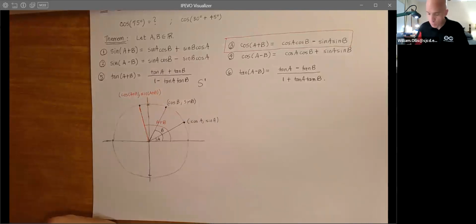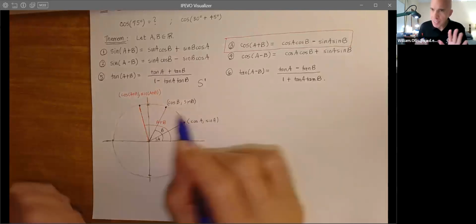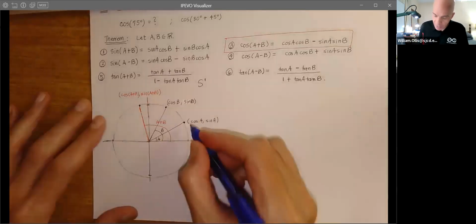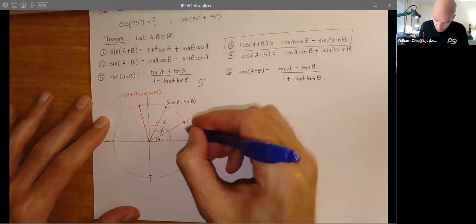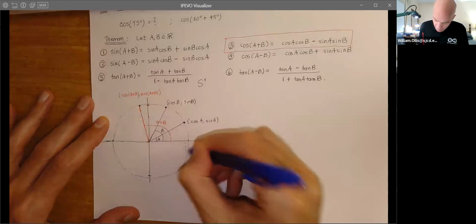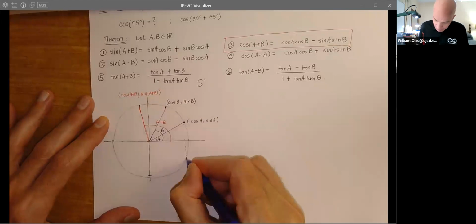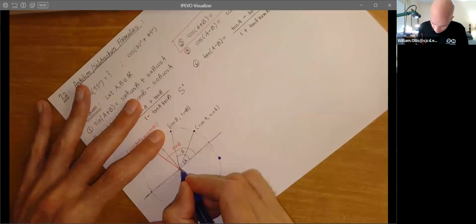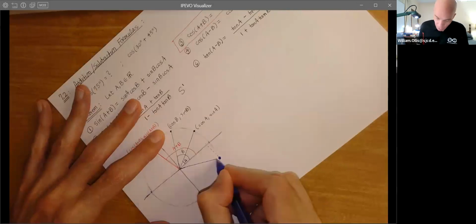Now what I want to do, so I can do this equal arcs subtending equal chords, I want to write the negative angle here. So I'm just going to come down here and put in negative A. So this is a counterclockwise rendering.